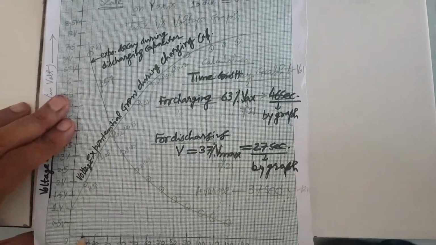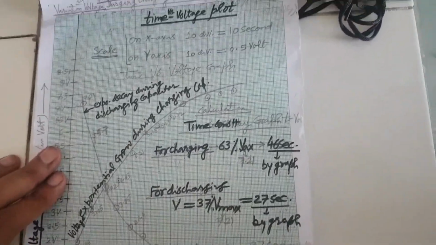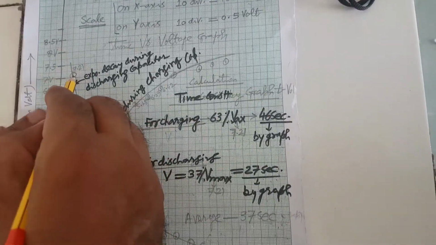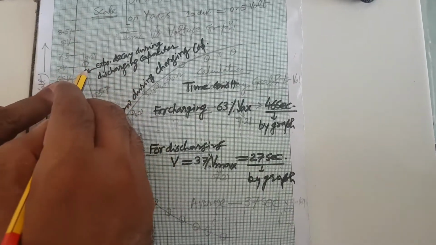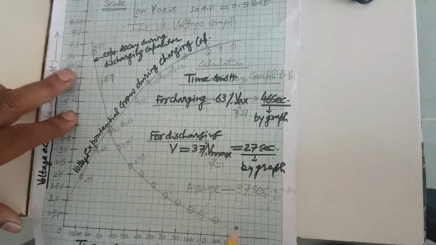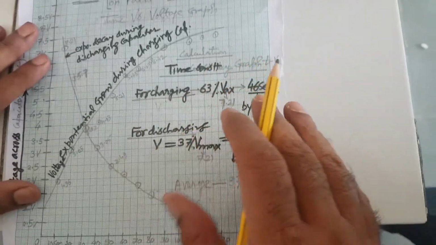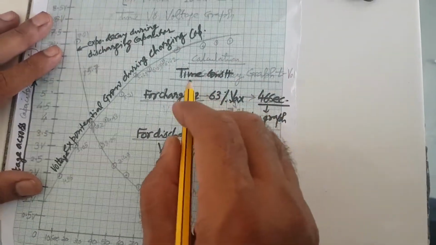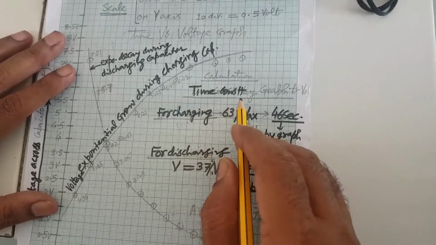The maximum voltage observed during the decay is 7.21, and from this graph I have calculated the time constant.